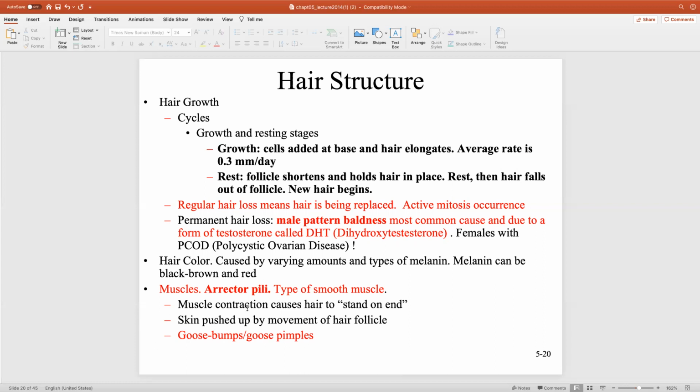The erector pili is smooth muscle found deep in the hair follicle, and it allows you to contract the hair follicle so that it stands straight on end. As it stands straight on end, you have the goosebumps feel to it. And we believe that is actually protective. Even though the hairs aren't very long, they're sticking up.